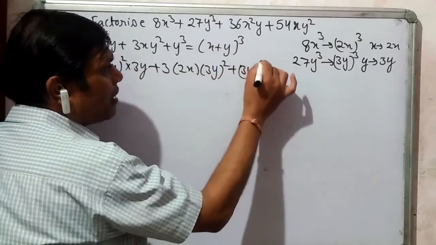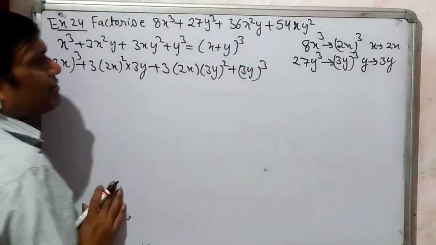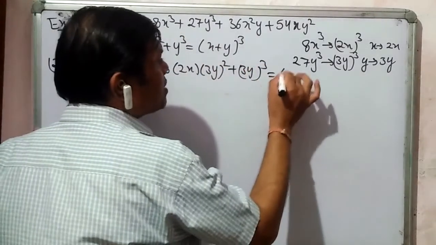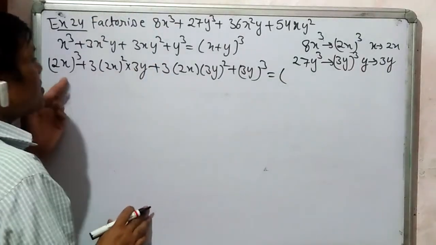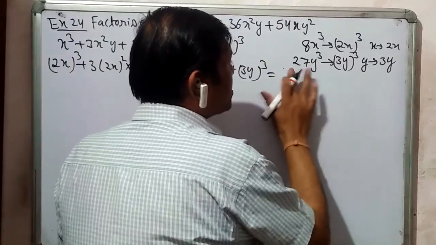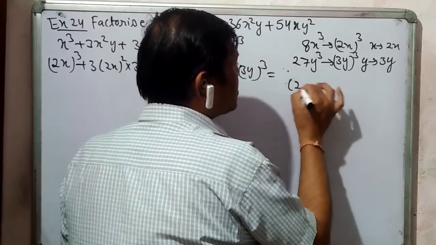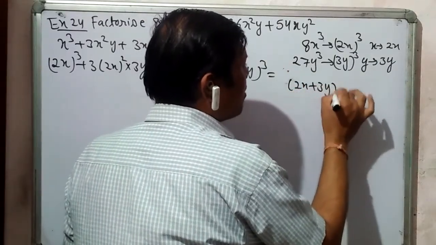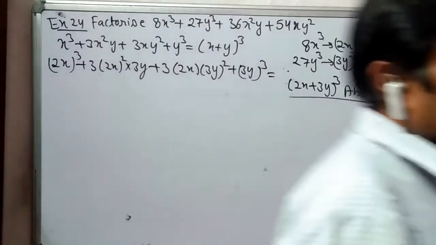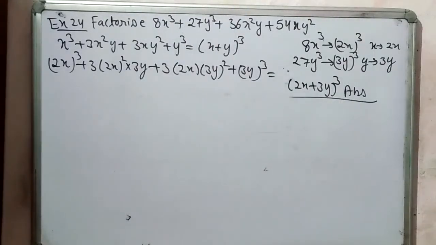Plus (3y) cube, that's 27y cube. This can be written as (x plus y) whole cube, that is (2x plus 3y) whole cube. That's our answer of factorization. Simple it is.